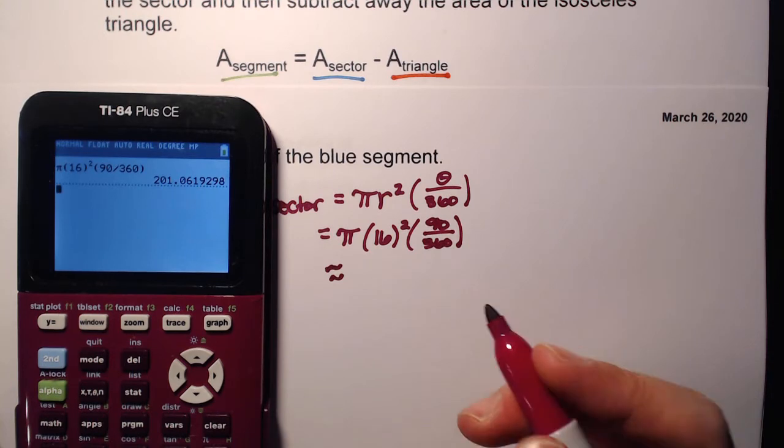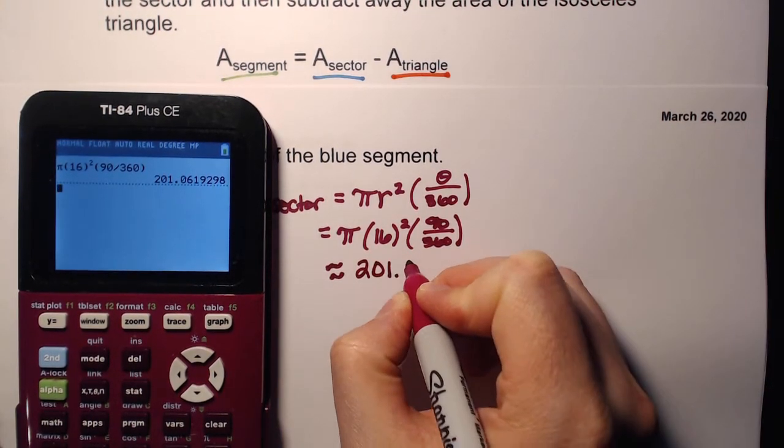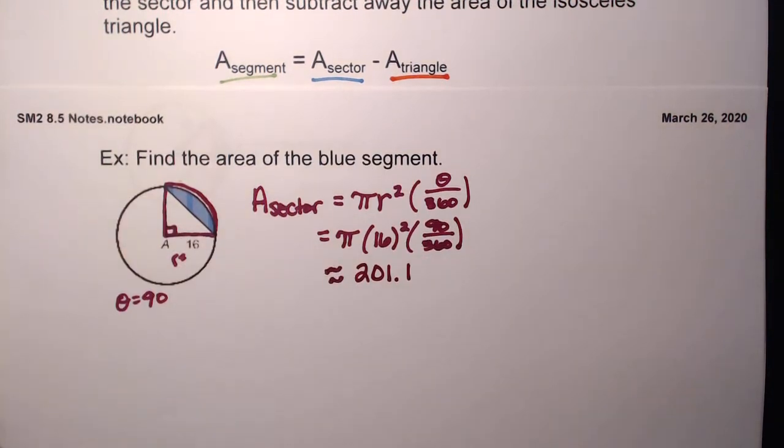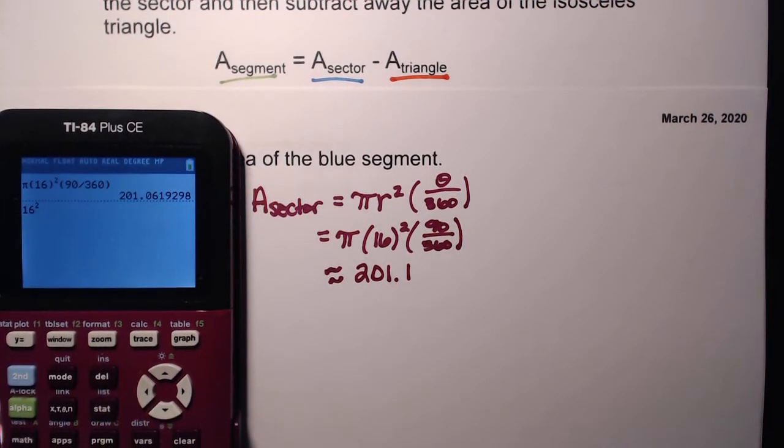I'm still going to need to do something with it. And then it didn't give us units. If I wanted to keep them separate, I could. So 16 squared times 90 divided by 360.